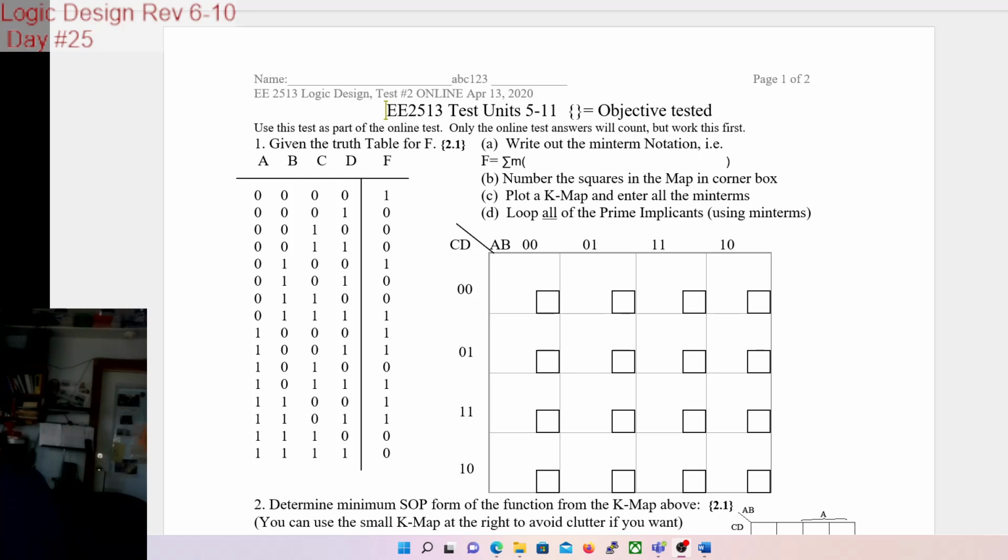And then F would be A bar Y. Actually, the pound 10 should go here. And then H would equal E bar F.